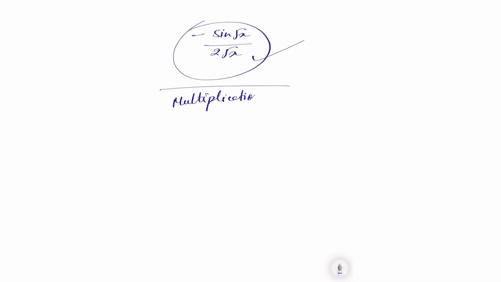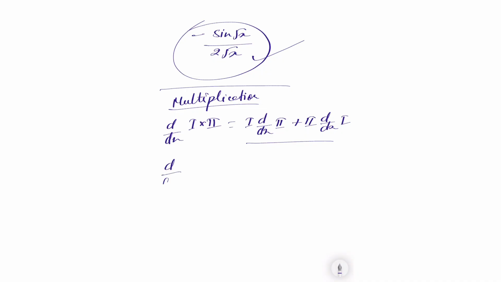Multiplication rule, 1 into 2. If you are going to differentiate, answer will be 1 d dx of 2 plus 2 d dx of 1. Very good. Now, d dx of 1 by 2, that is division rule.